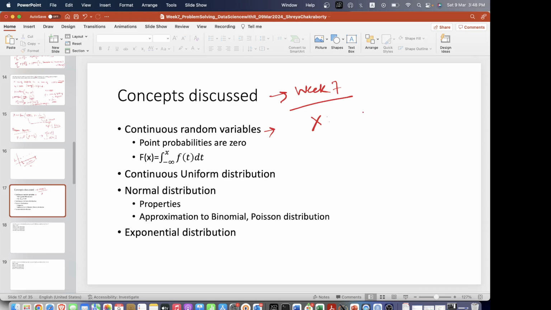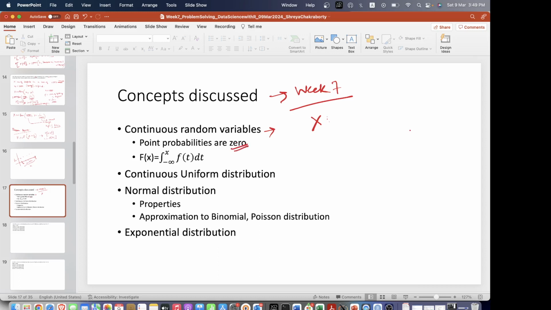There could be bounds, some could only take positive values, some only negative values, but they can take any value, not only integer values. Those kinds of random variables are known as continuous random variables, and we learned that for any continuous distribution, point probabilities are 0.